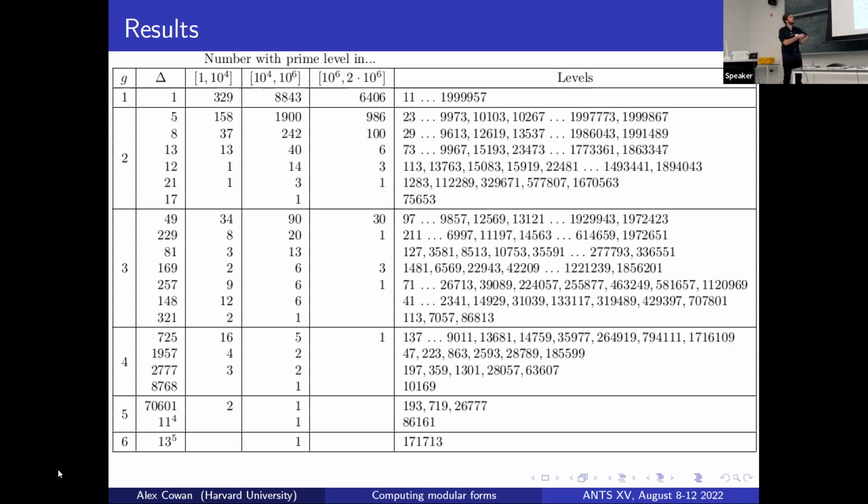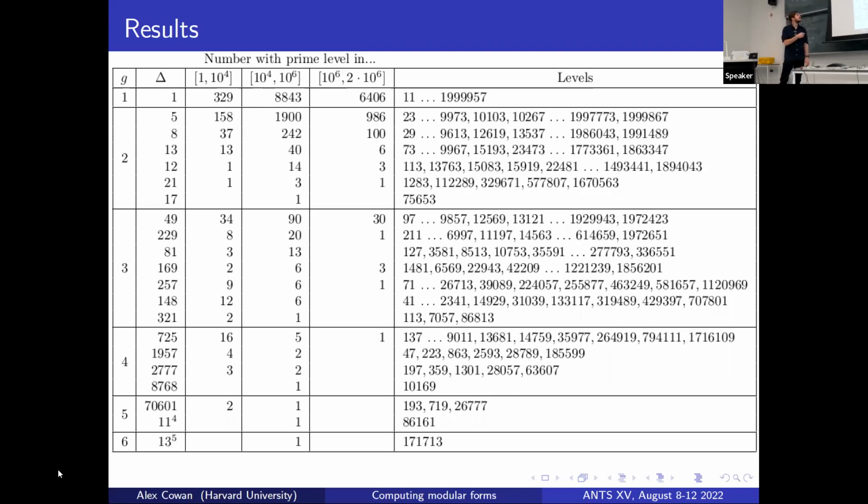And then I list some levels where those forms appear. Sometimes it can be interesting when there's only one form. It can also be interesting, for example, in this case, where there's only one example of degree 23 of prime level in the LMFDB, and then as soon as the LMFDB ends, you start actually getting a bunch. So that's sort of a funny coincidence.